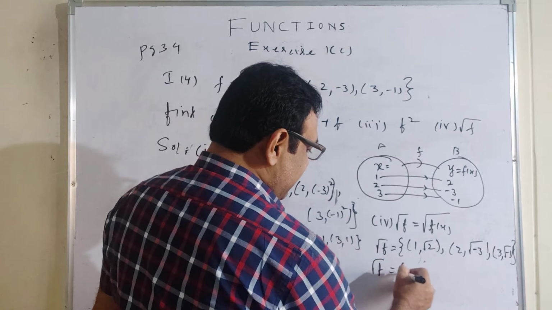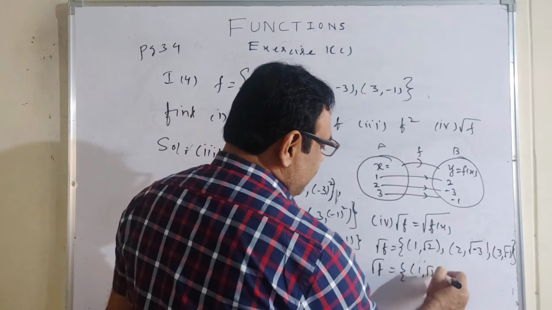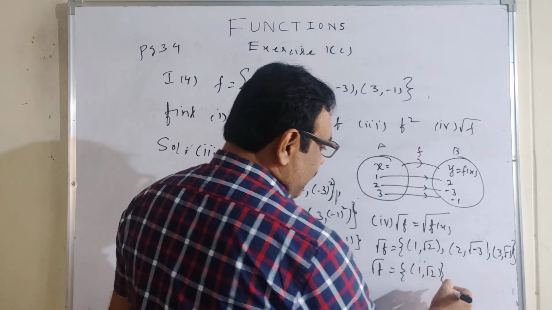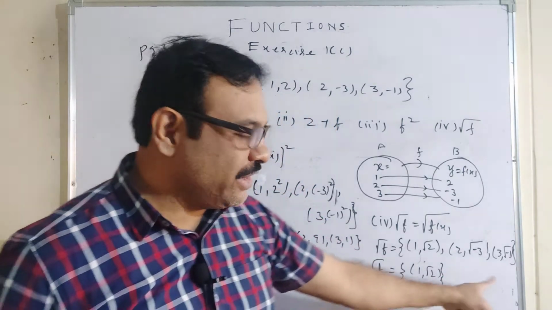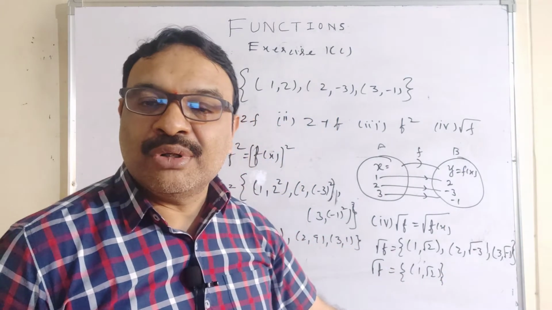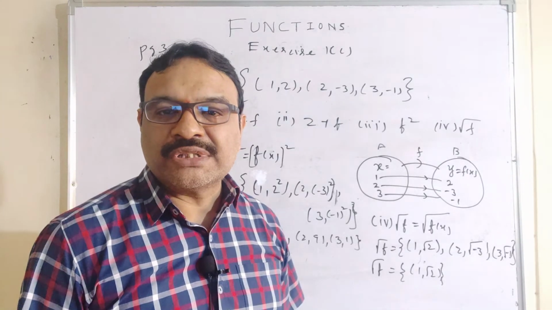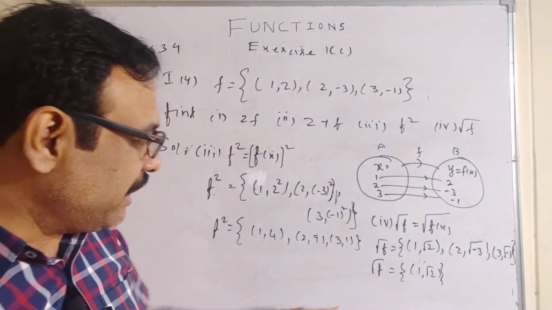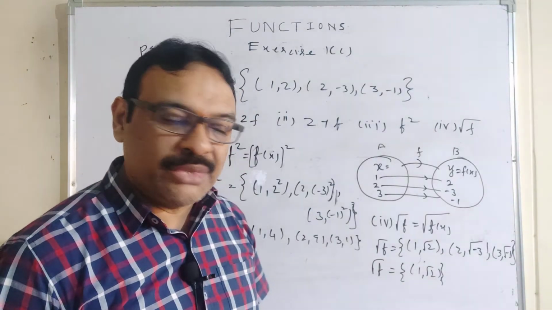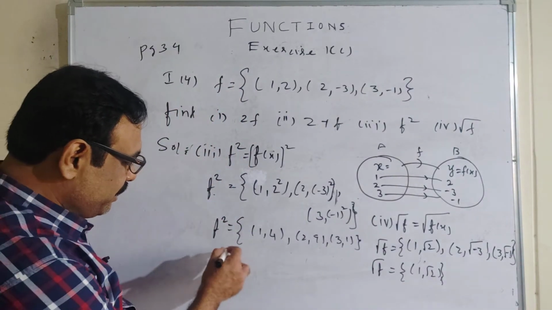But when you are writing the answer, you will be writing 1 comma root 2, because one reason, root of minus 3 and root of minus 1 do not belong to real numbers. As you know, those are called complex numbers. Henceforth, we will be writing the answer as 1 comma root 2, and this is going to be the answer.